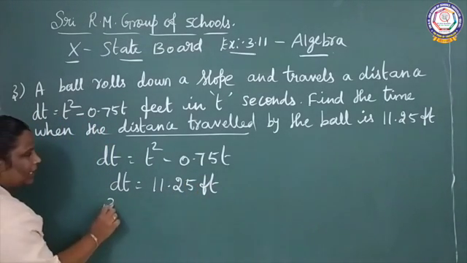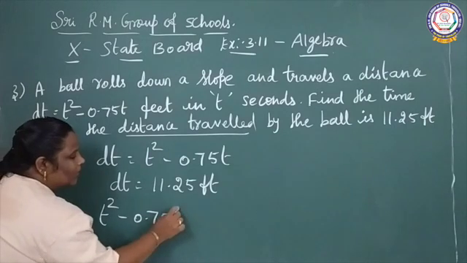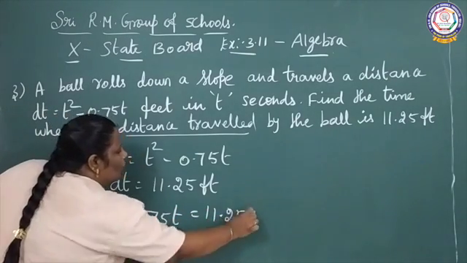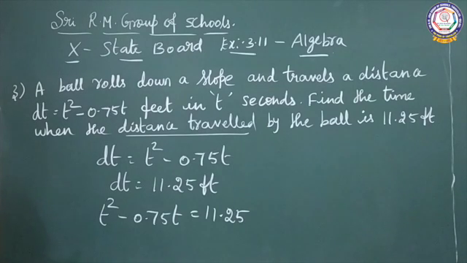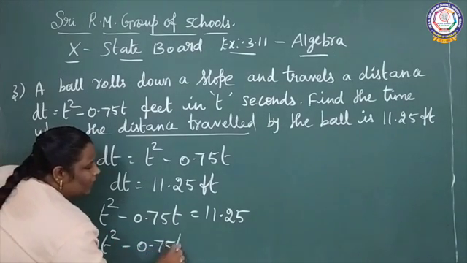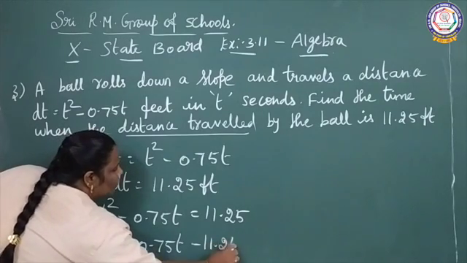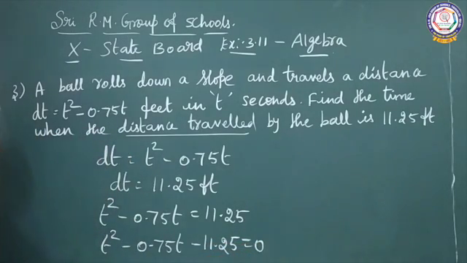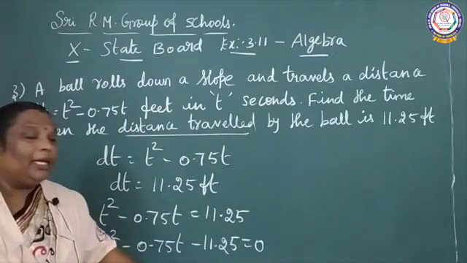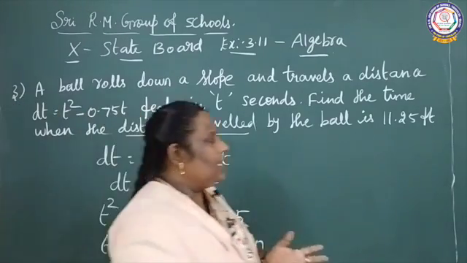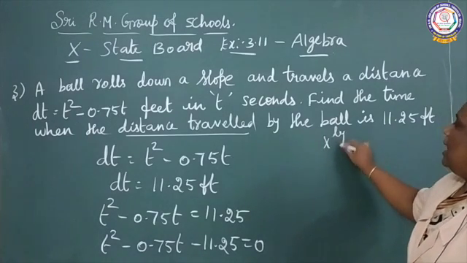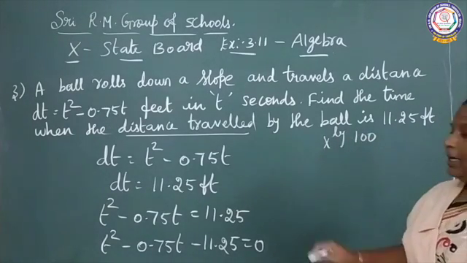So t square minus 0.75t equal to 11.25, that is t square minus 0.75t minus 11.25 equal to 0. It is in decimals, so you multiply by 100 to get whole numbers. All the values you have multiplied by 100. What value are you getting?